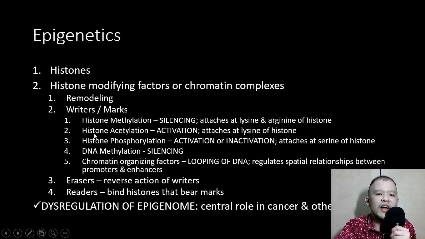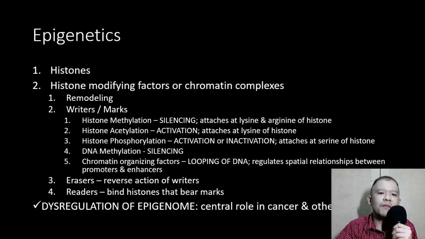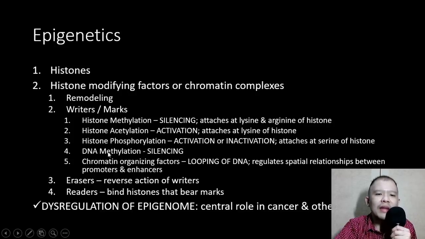Next is histone acetylation, where the acetyl group activates, causing transcription and translation later. A phosphate group that attaches to the histone can cause either an activation or an inactivation. When a methyl group attaches itself to the DNA, it causes an irreversible silencing.